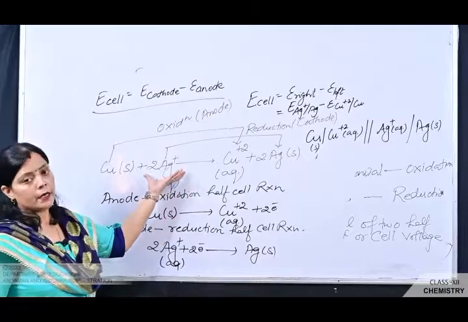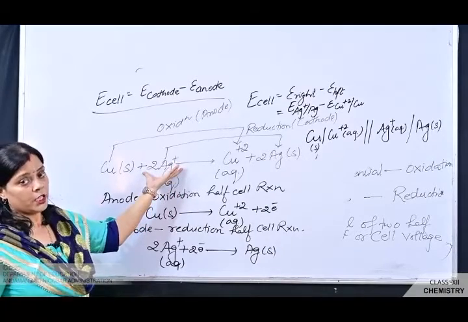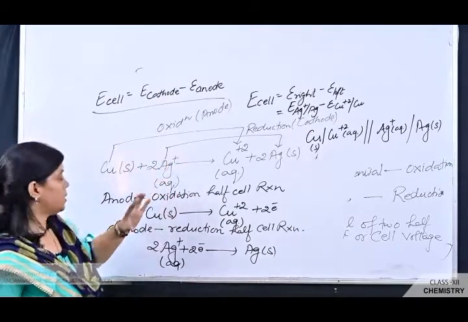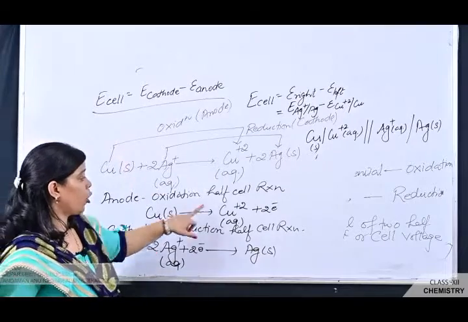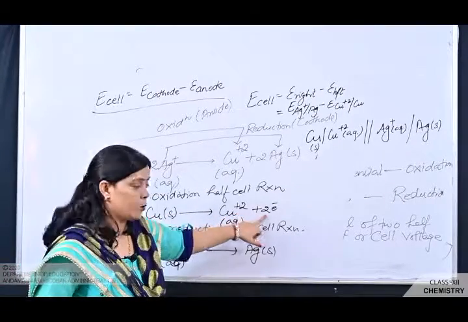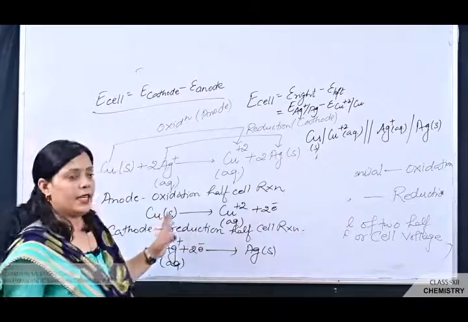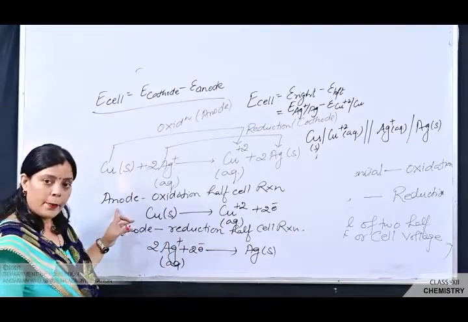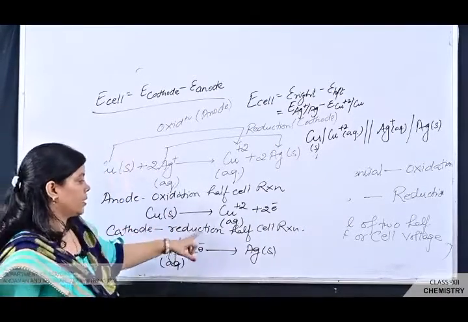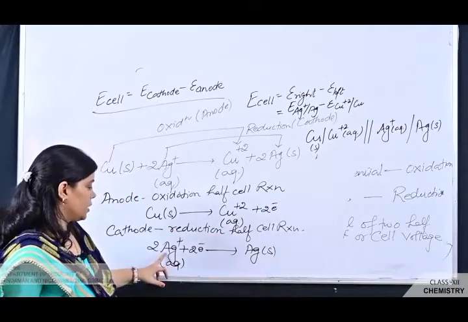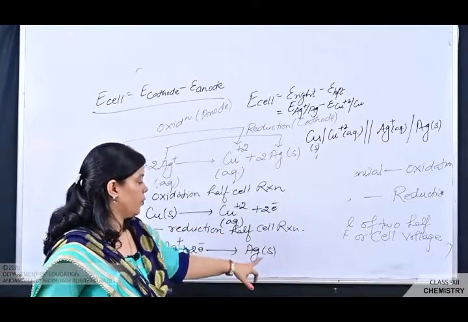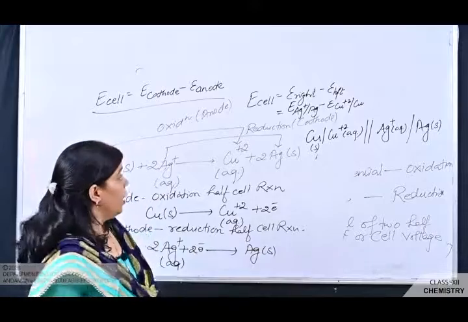After that we can separate these reactions as an oxidation half cell and a reduction half cell. This is the combined redox reaction taking place in that electrochemical cell. Here the copper is converted into Cu2+ by losing 2 electrons; this is the oxidation half cell reaction taking place at the anode. At the cathode, the reduction half cell reaction is taking place, that is, 2 Ag+ gain 2 electrons to convert into silver.